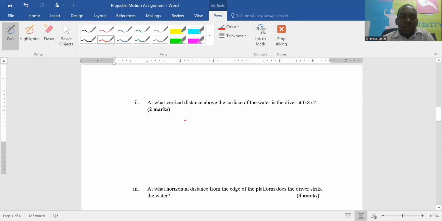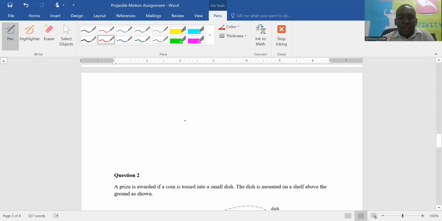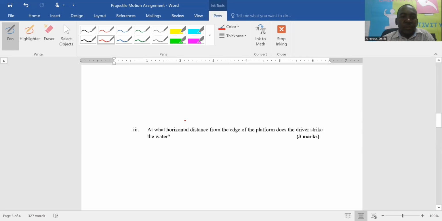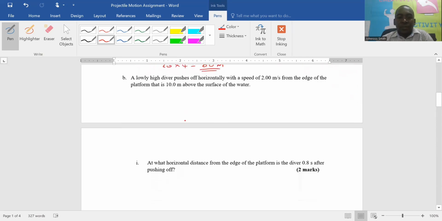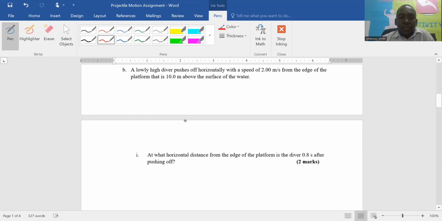So that's a simple way of utilizing the equations for projectile motion. Now let's look at this set of questions as we close off for this session. It says a high diver pushes off horizontally with a speed of 2 meters per second from the edge of a platform that is 10 meters from the surface of the water.